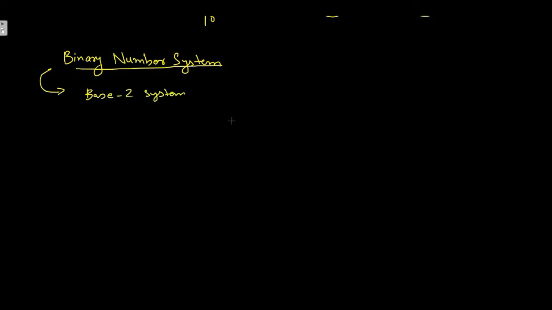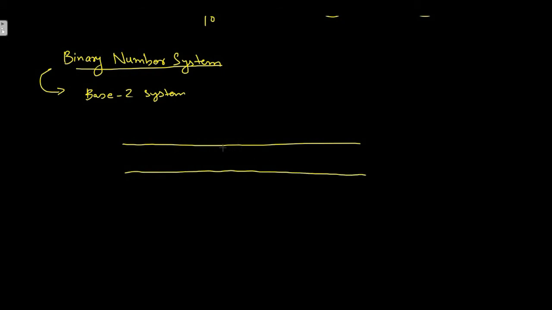So in order to write any binary number in a weighted form, we consider the base 2 system. If we consider a binary point, before it the powers are 2 to power 0, 2 to power 1, 2 to power 2, and so on.